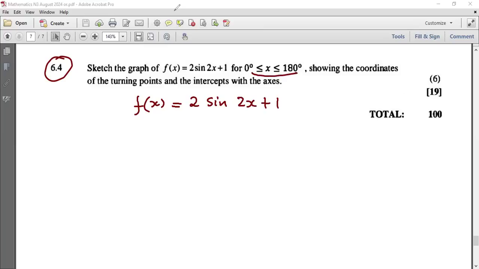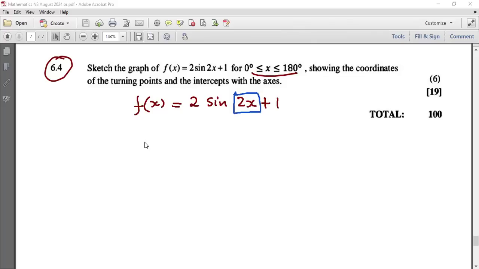So take note, guys, there's a number that you are given here, 2x, this part. It affects our period. Remember, the normal period of a sine graph is 360. So this one will end at 180. It also affects the way that you separate your graphs.